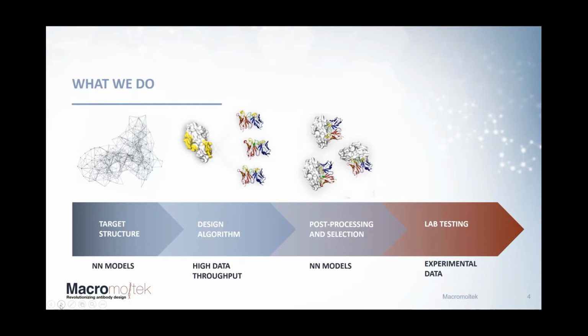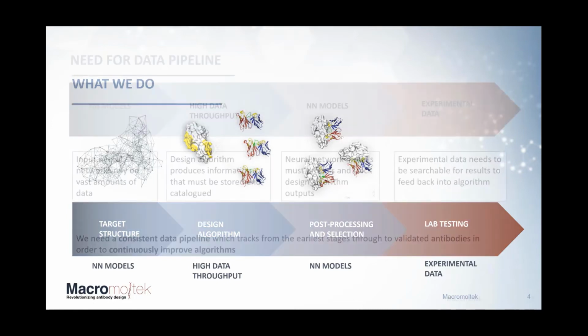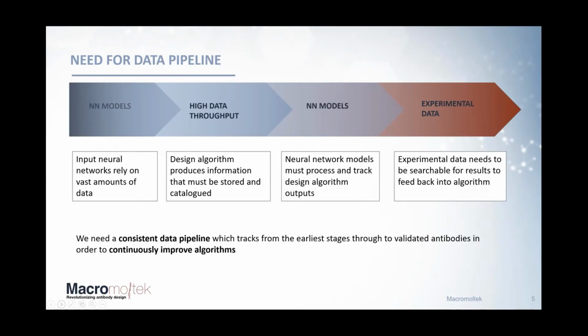Along the way, each of these steps produces or relies on a lot of data. The initial neural networks are trained on vast amounts of data, which we have to filter, assess, and keep streamlined. The high-throughput system that designs a bunch of antibodies produces data that must be stored so we can go back and look at it once we've assessed it through experimental validation.